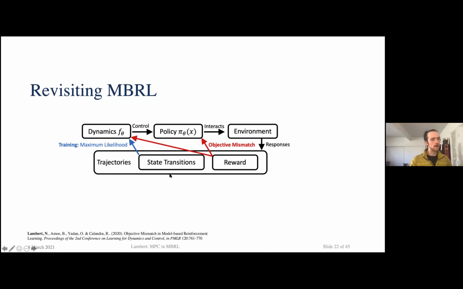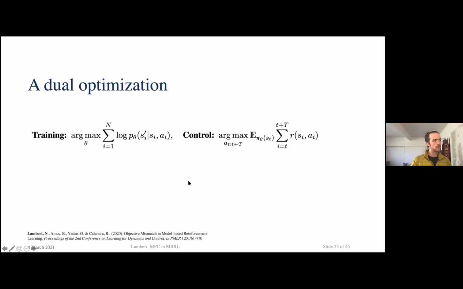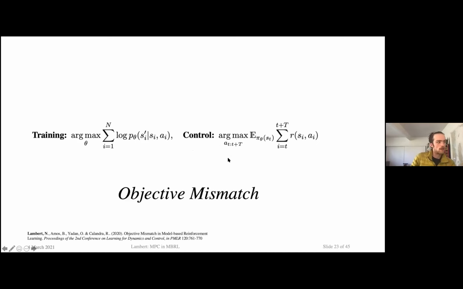There's a numeric way to visualize the shortcoming here. This is a dual optimization in model-based RL, where we do one optimization and then the other. If you've ever tried to do a multi-objective optimization, there are no guarantees that by optimizing a totally different function, the one that we want is going to get better. This difference between the training and the test time for model-based RL is what we call objective mismatch.